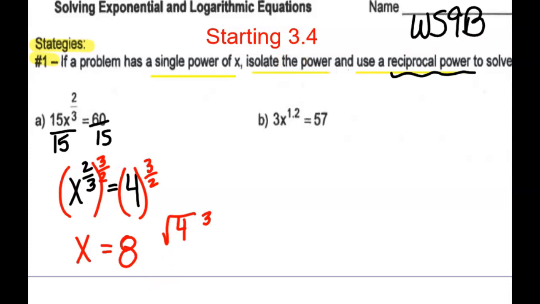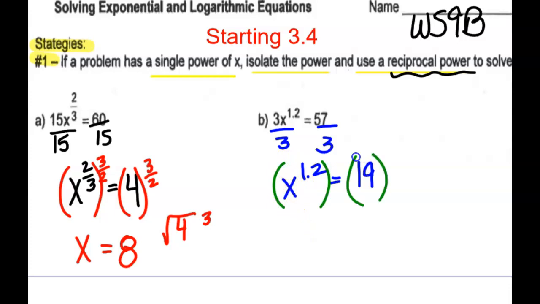All right, so how are we going to start the next one? Divide by 3, we get x to the 1.2 equals 19, I believe. Now, very rarely in math do I allow you to put a decimal into a fraction, but I'm really okay here if you just say to undo a 1.2 power, I'm going to do the 1/1.2 to both sides.